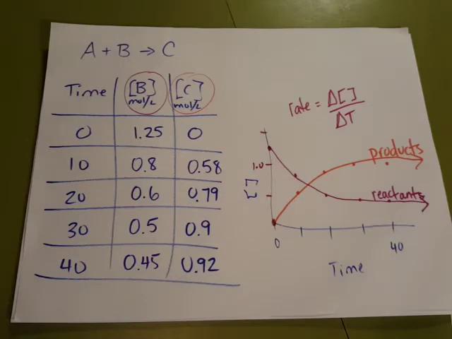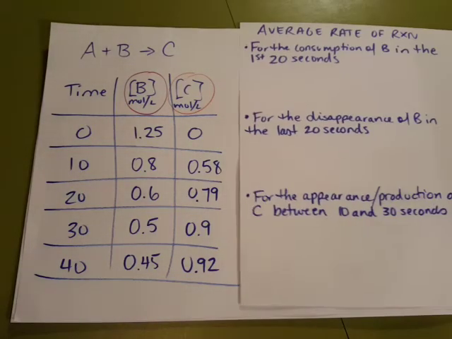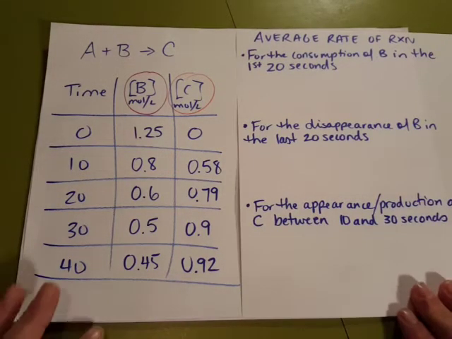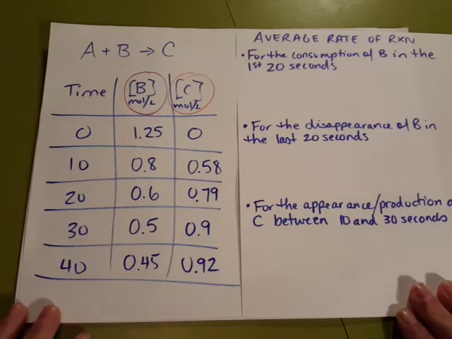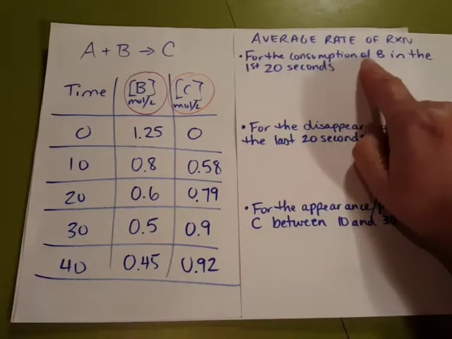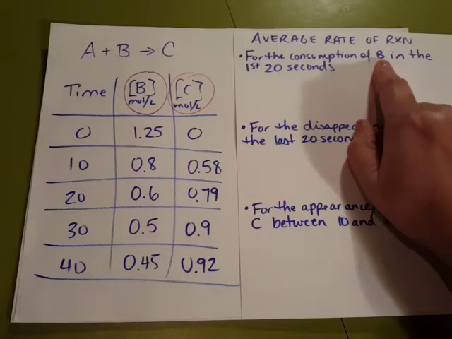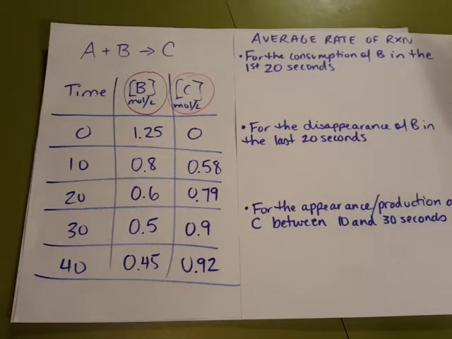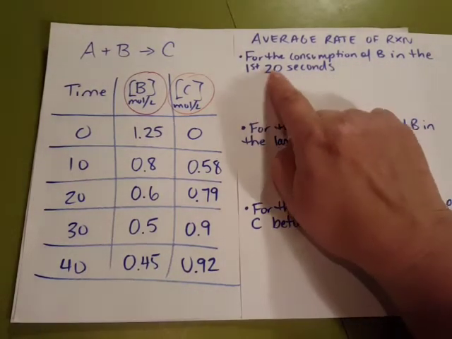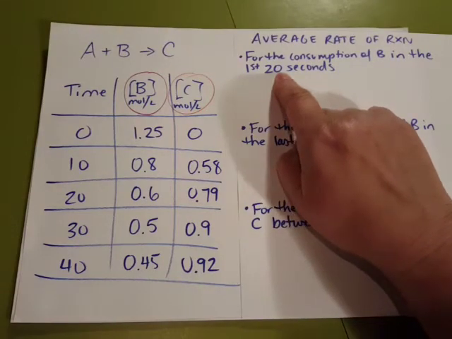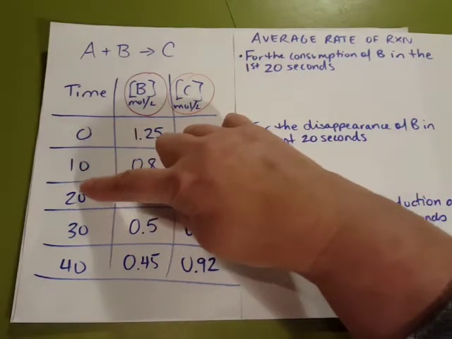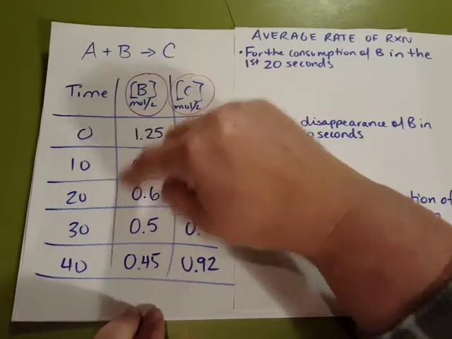So let's look at different intervals of time. And so for the first one, we'll talk about the consumption of B. So how is B being used up in the first 20-second interval? So if we go 0 to 10 and then 10 to 20, this is our 20-second interval.